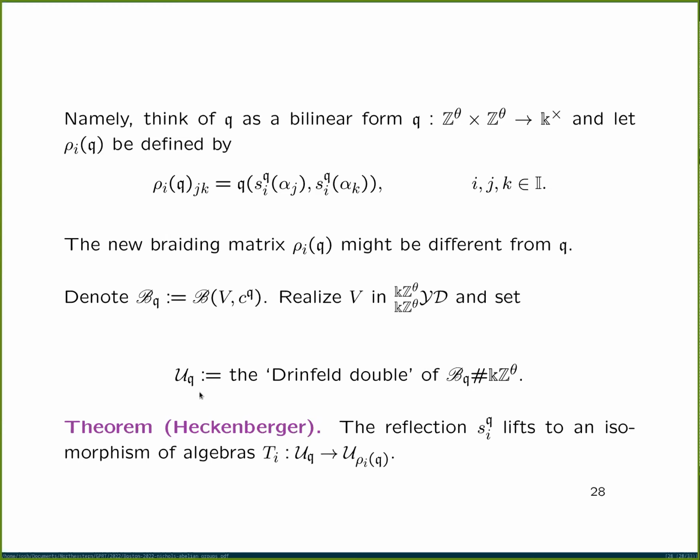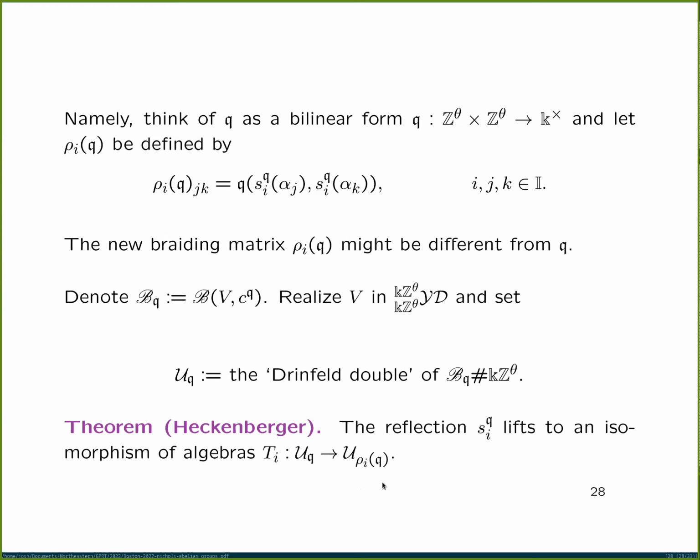And the main theorem is a theorem by Heckenberger that says that the reflection s_i of Q, which in the Cartan case extended to an action of the Weyl group or the braid group on the quantum group, now gives you an isomorphism of algebras from U_Q to U_{rho_i of Q}. So instead of going from U_Q to itself, it goes from U_Q to another U_Q prime, which is U_{rho_i of Q}.